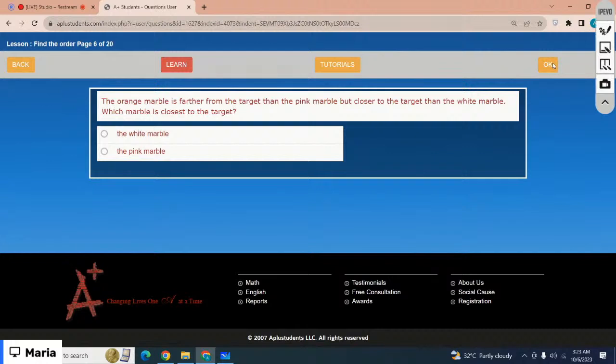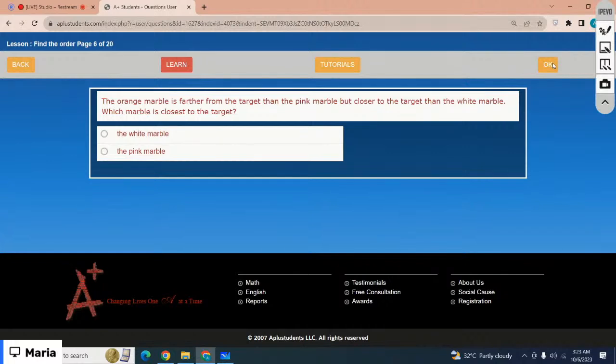Okay, the next one: the orange marble is farther from the target than the pink marble, but closer to the target than the white marble. So, which marble is closest to the target? Which is the correct option? Which is the closest to the target?